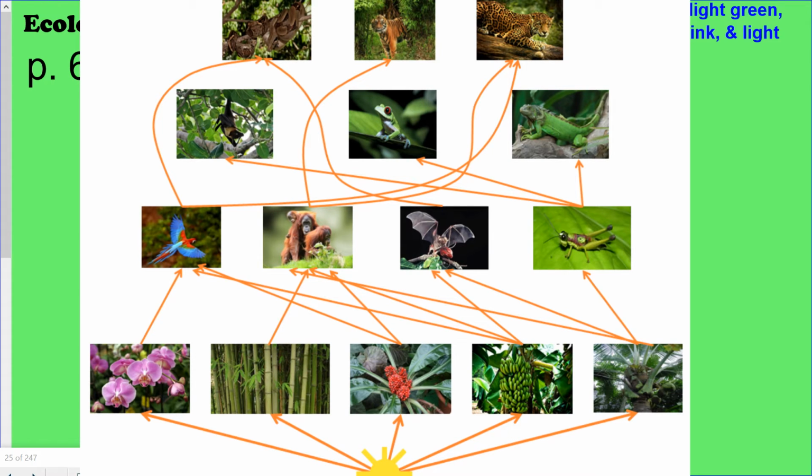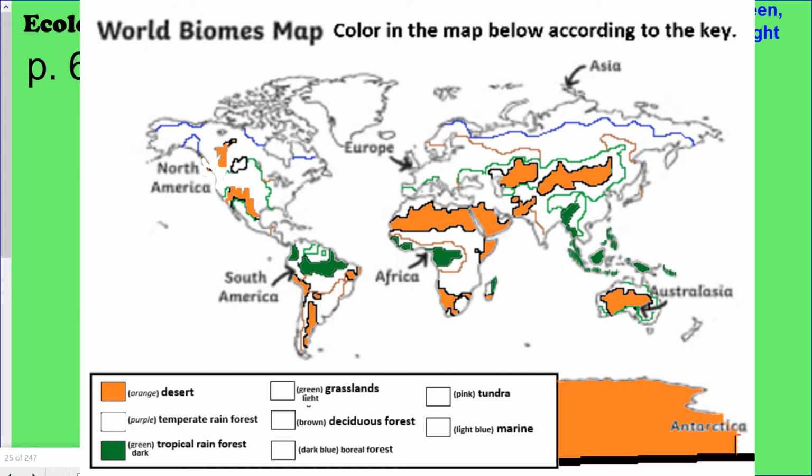All of them begin with their energy from the sun, though. A lot of sunlight, therefore there's going to be a lot of extra growth of producers. The more sun, the more producers you're going to have, and therefore they sustain a great deal of our planet. So the green areas are where the tropical rainforests are located, and those once again.